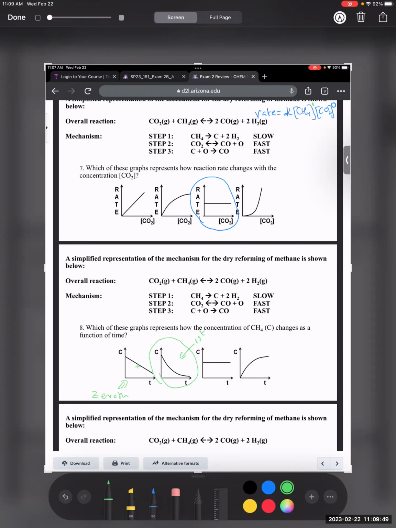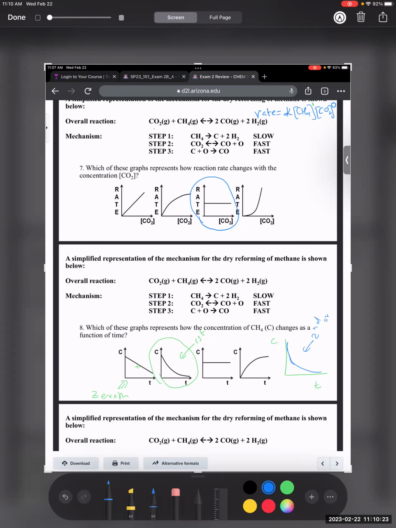And if it was second order, just to review, the rate of the reaction is extremely dependent on the concentration of the reactant. As a result of that, the decrease of the concentration is going to be much steeper compared to that of a first order reaction.